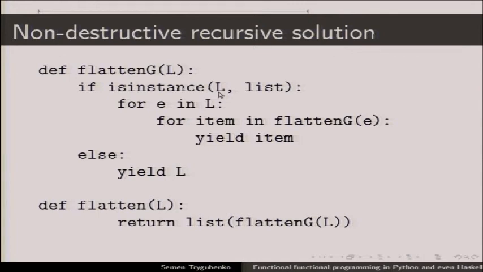If it is a list, then I'm going to do something else. But otherwise, I just yield L. If it is a list, for every element in the list, I will have another for, and for every item in the result of invoking itself on the element of the currently worked on list, I yield the item.